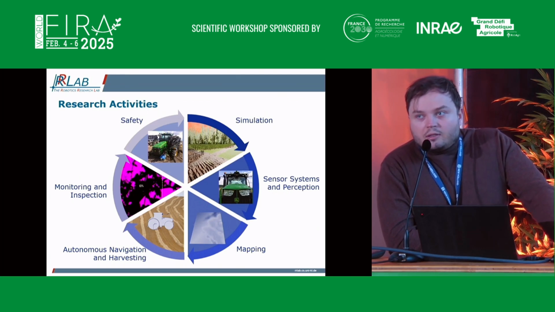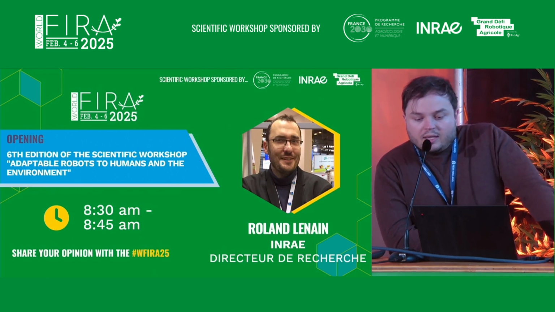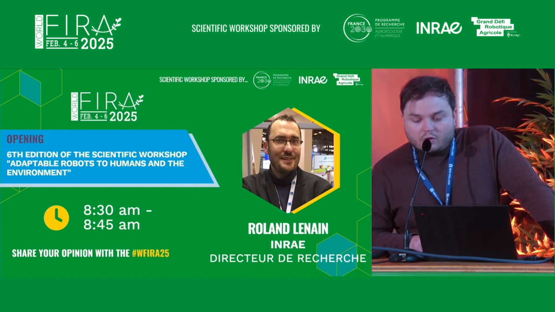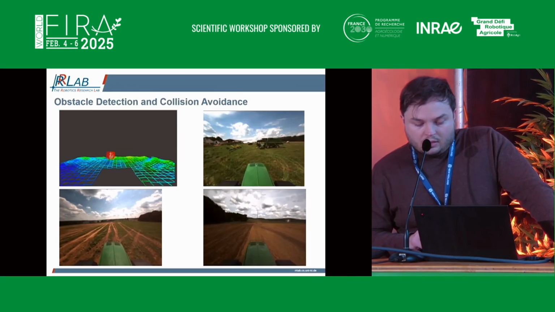So we take the whole life cycle of a machine from simulation, from validation to navigation, the actual field work, monitoring and inspection, and we basically run this in a loop to get our machines ready. And to give you a little bit of a glimpse how that looks like, I'm just going to show some of our prototypes in the field of autonomous tractors, which we can see here, hopefully.